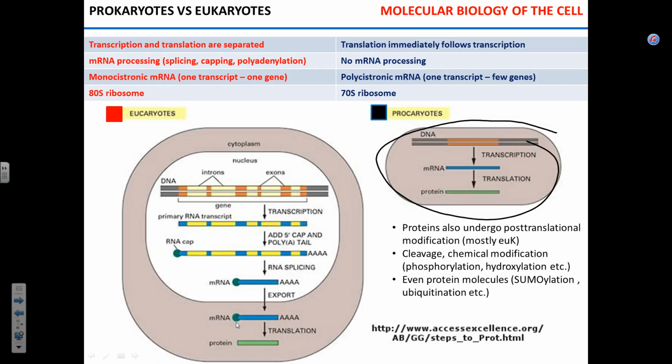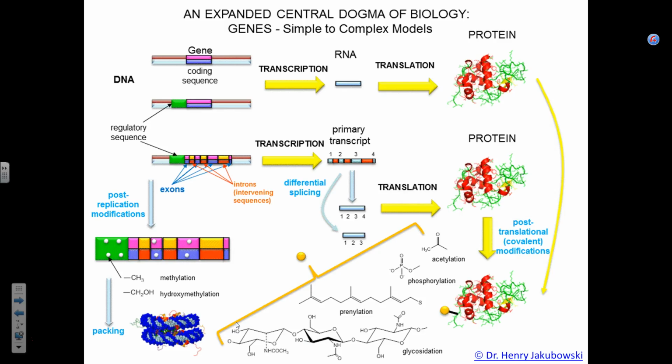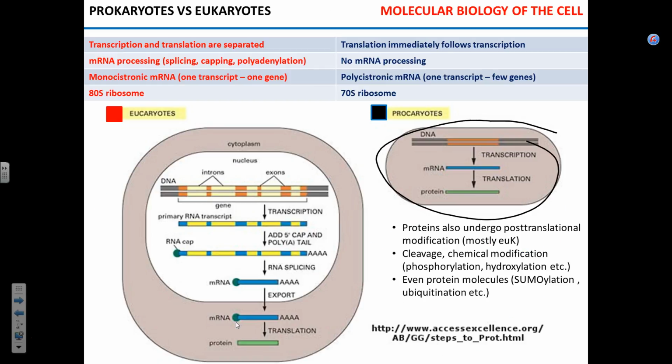So first of all, remember, in prokaryotes, transcription and translation occur almost at the same time. Once mRNA transcript comes out of the complex between the DNA and RNA polymerase, once the RNA appears, it is translated immediately.